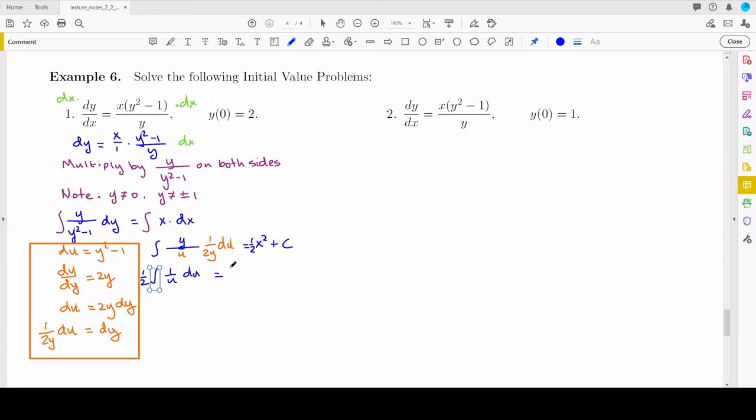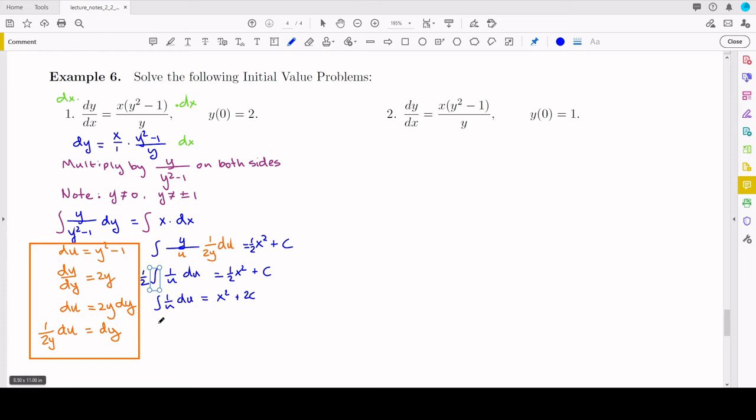So let's copy that down. The antiderivative of x is 1/2 x squared, and then a constant of integration. We could go ahead and multiply both sides by 2 here, and then we have the antiderivative of 1 over u du equals x squared plus 2c, which I could call k.